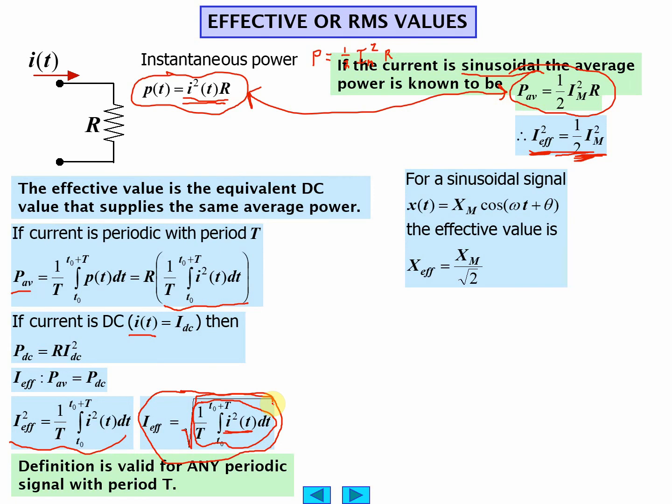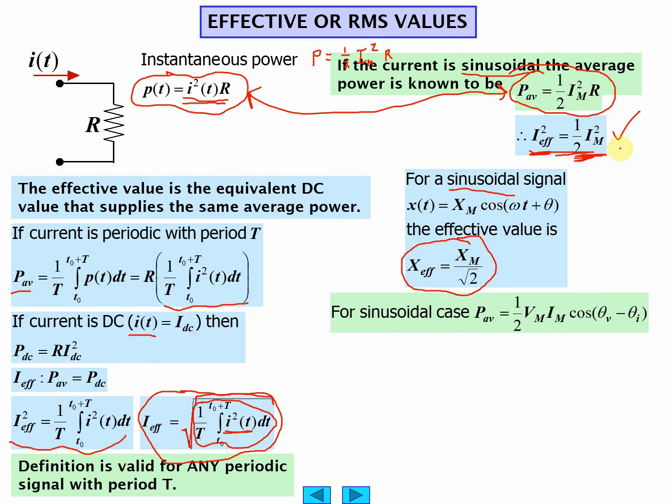For a pure sinusoid, some sinusoidal signal, the root mean squared value is given by this, just like up here. For power, you can take the RMS values.